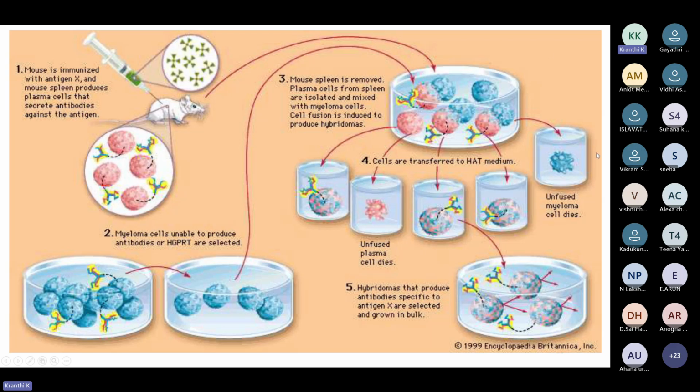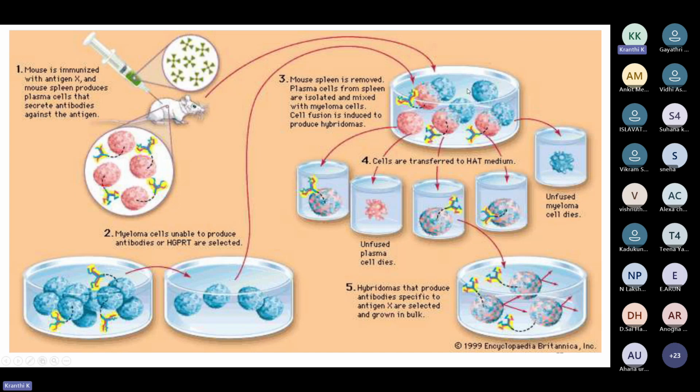And make the fusion happen artificially between these cells. The fusion should happen. So there is a fusion between the myeloma cells and the plasma cells, right? But the fusion may happen in different ways.